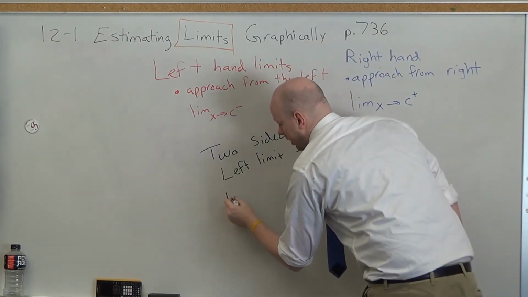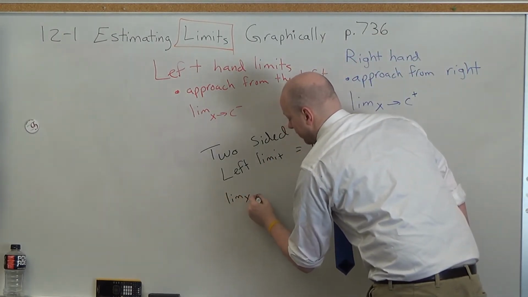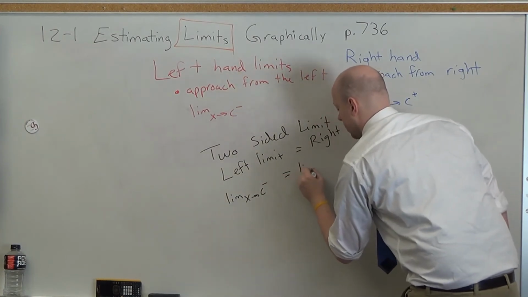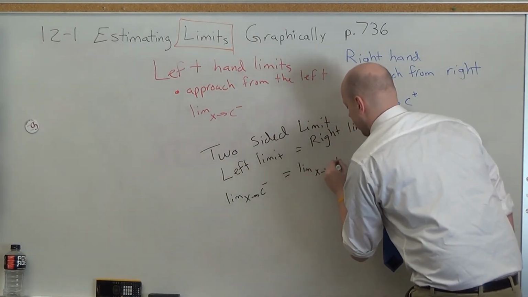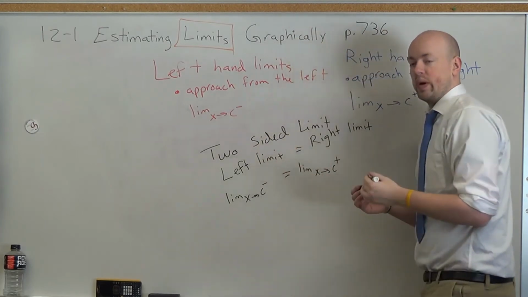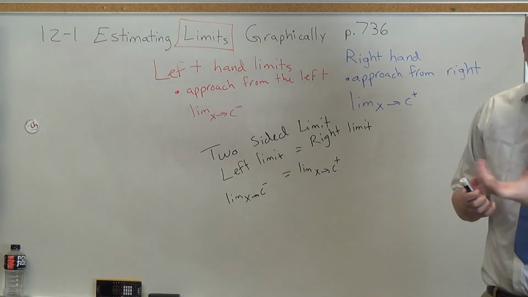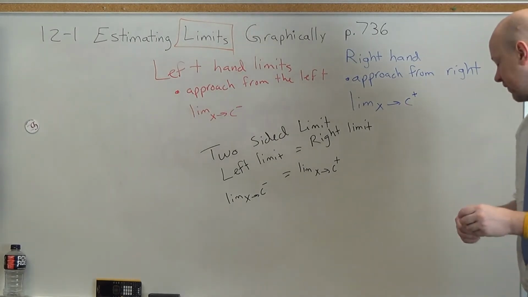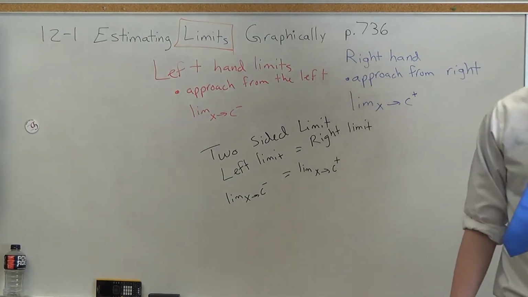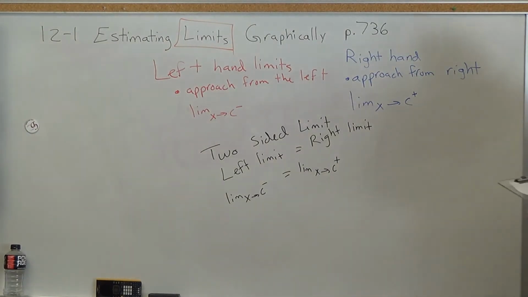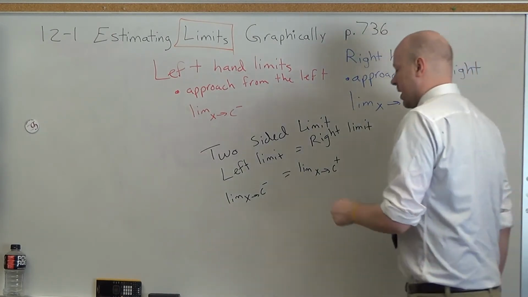So essentially, the limit as x approaches c from the left has to equal the limit as x approaches c from the right, which is what we've been showing this entire time numerically with our boxes approaching it from the left and our boxes approaching it from the right. Okay. On to example 3.